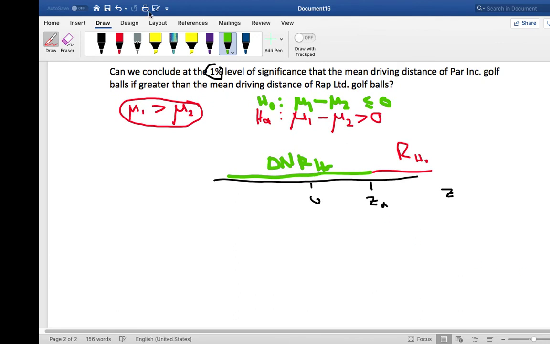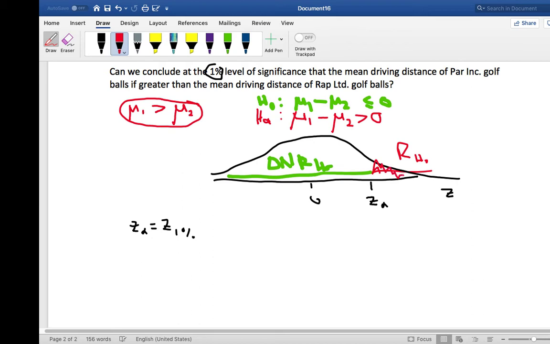So should we do z of alpha over 2 first? No, z of alpha, not z of alpha over 2. One-tail z of alpha is, well, we've said alpha is 1%, so it's z of 1%. To make this a bit clearer, I can draw a normal distribution. The rejection area, alpha, is 1%. So this red area in here is 1%.